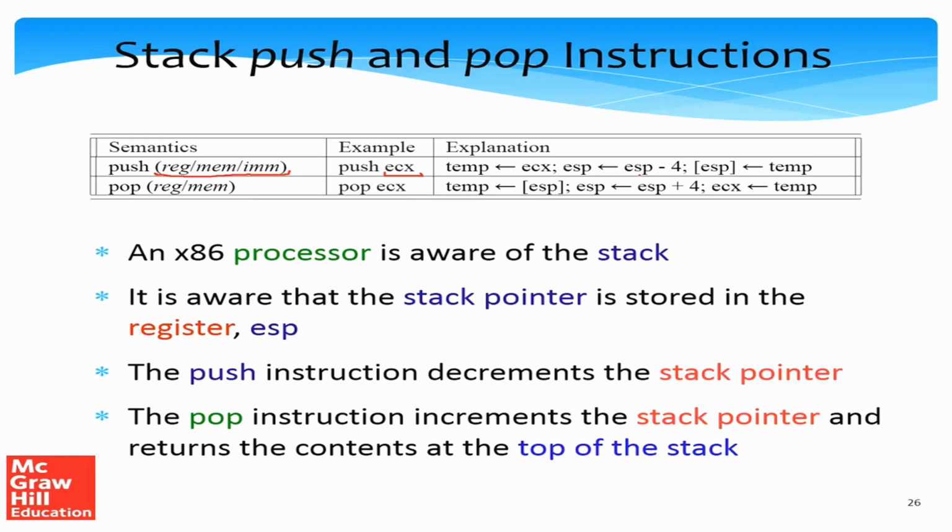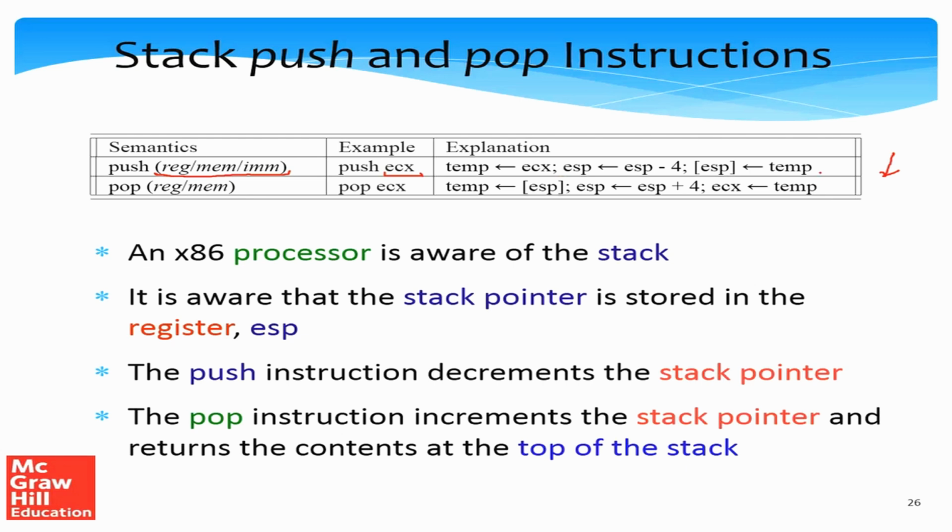Then we decrement the stack pointer by 4, because we are pushing it and assuming a downward growing stack. Then we access the new stack location and put in the value of ECX.